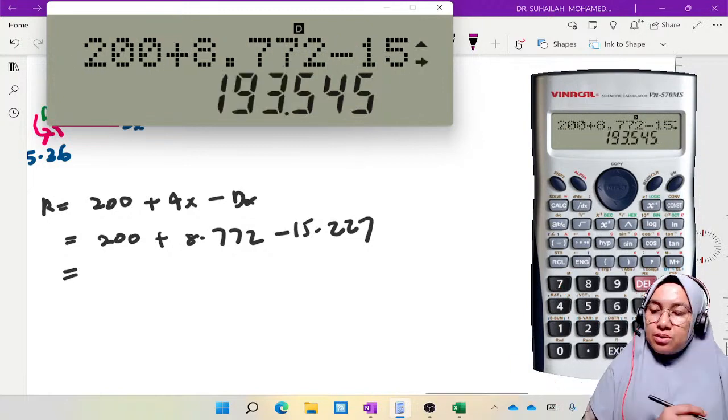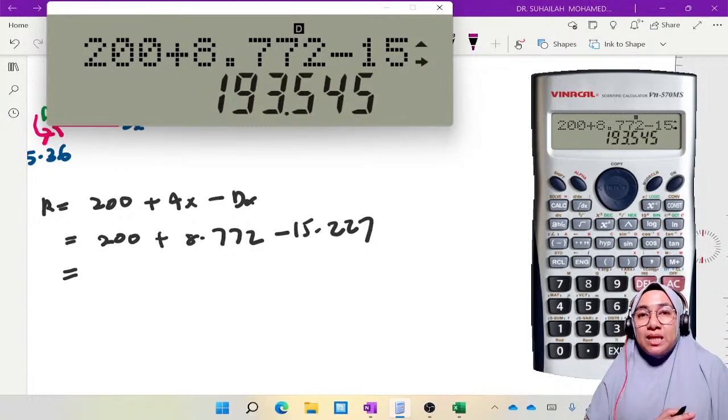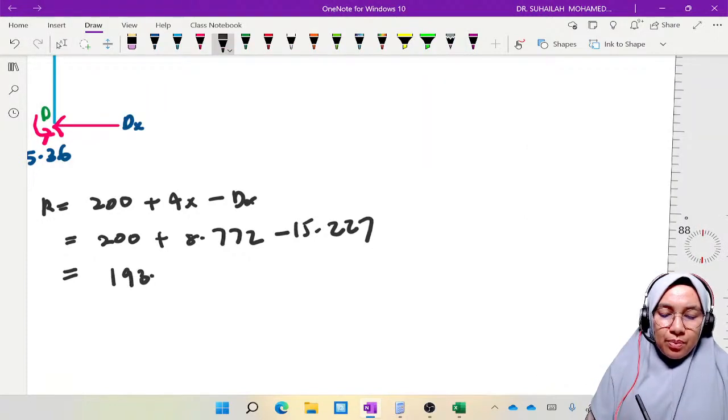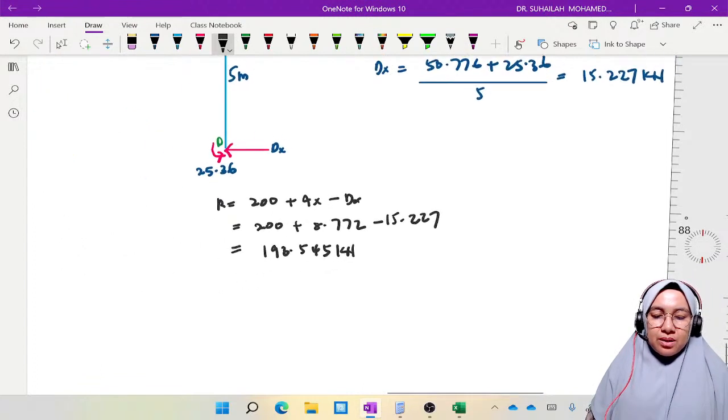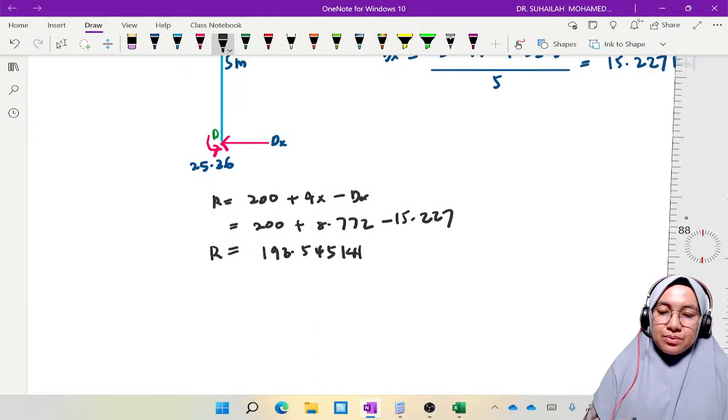And this is equal to 193.545 kilo Newton. So this is R value.